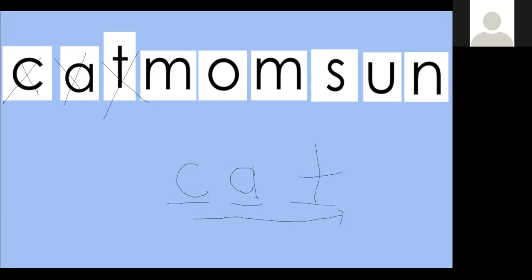A bee. If I'm going to write the word bee, a little bee, what sound would I write down first? Anybody can answer this one. Go ahead and just unmute your microphone. I want to write the word bee. B-E. What would I use?